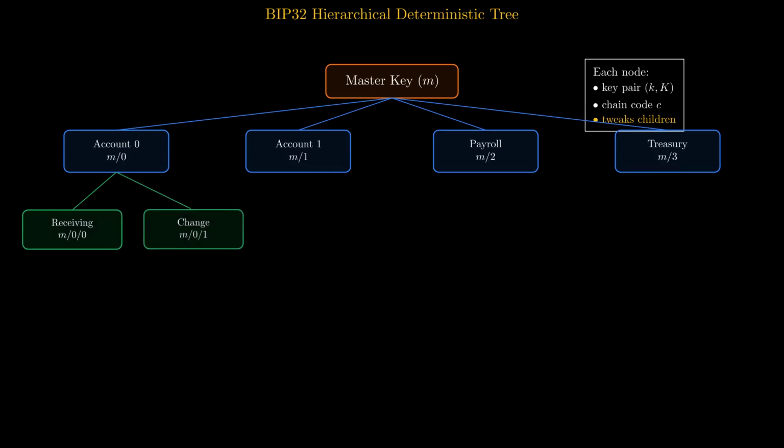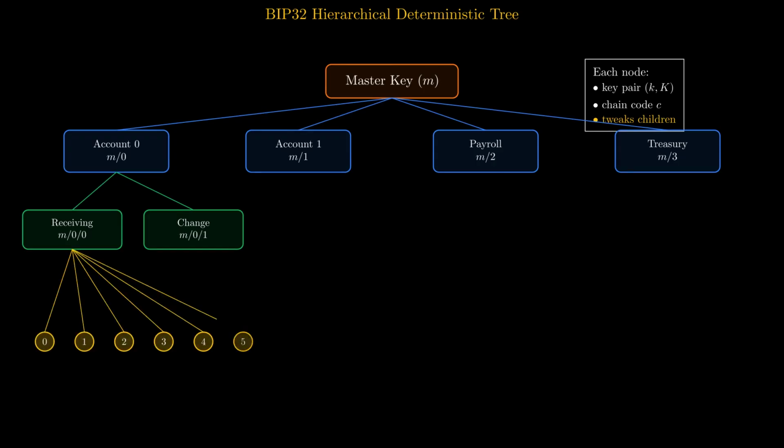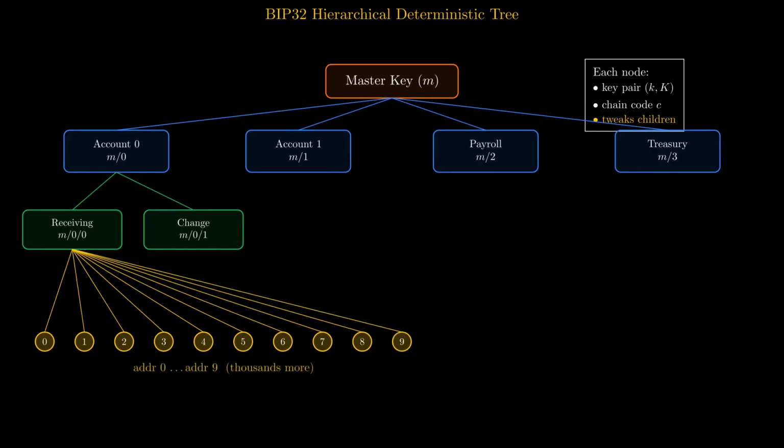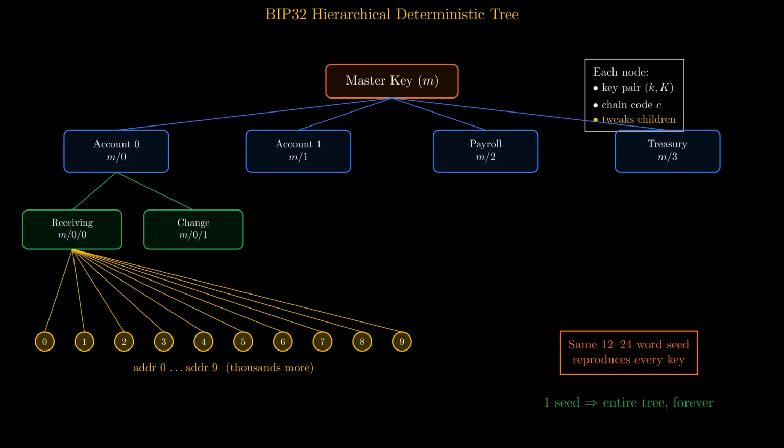Under each account, derive a receiving chain and a change chain. Under each chain, derive individual address keys, thousands of them, indexed 0, 1, 2, and so on. Every path, every branch, every leaf, all reproducible from the same 12 or 24 word seed. One backup protects the entire tree forever.